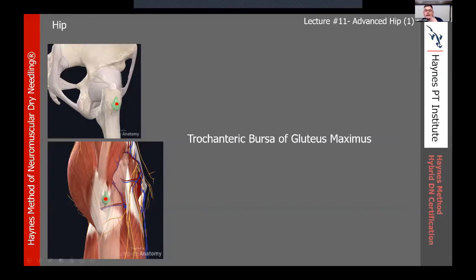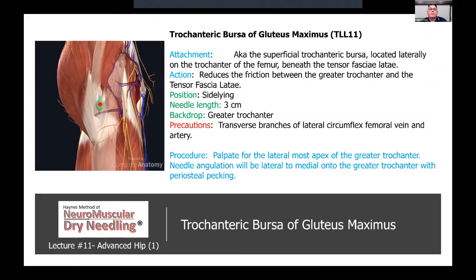Okay, now we'll look at the trochanteric bursa, gluteus maximus, and then minimus, or medius. For the trochanteric bursa, gluteus maximus, it's also the superficial trochanteric bursa. It's lateral on the trochanter of the femur. This is what our patients traditionally will get injected.